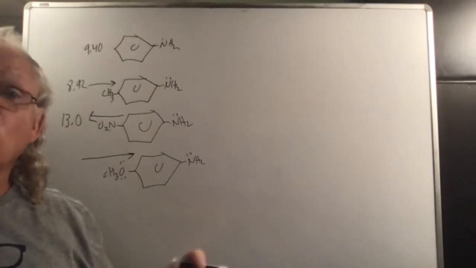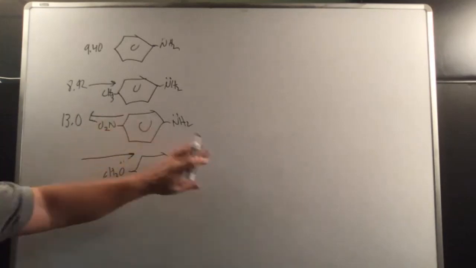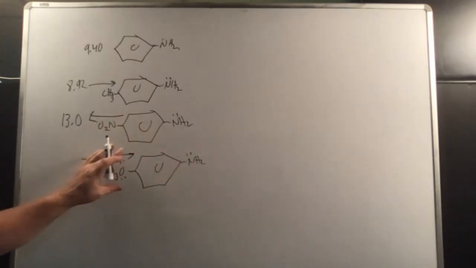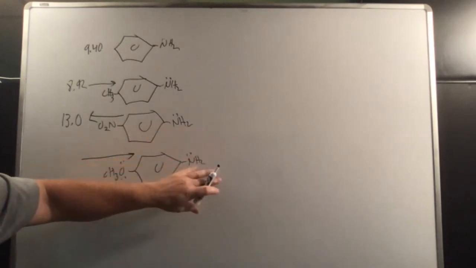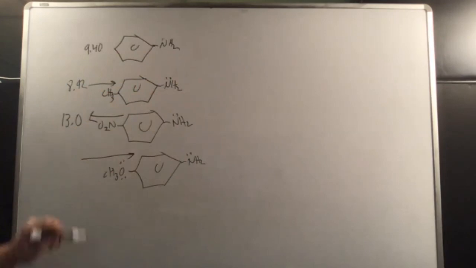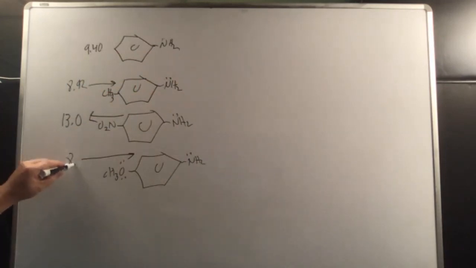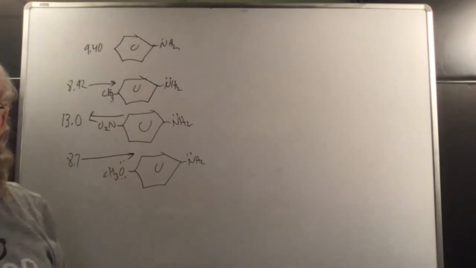Remember, we had two extra resonance structures for that one, or one if we had the para position. So it can donate via resonance. So not only can it donate electron density toward the nitrogen, it does it even better than the methyl group. And notice this is 8.7. So it's even lower than the methyl. So I could give you those compounds on the test and ask you which is the most basic and which is the least basic.